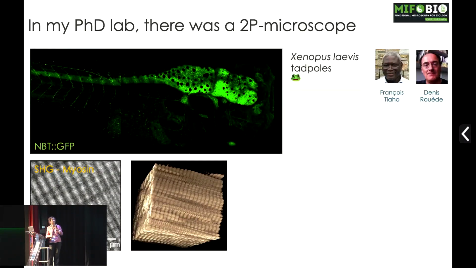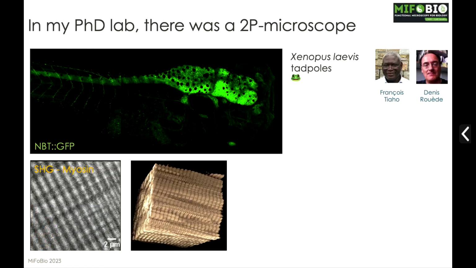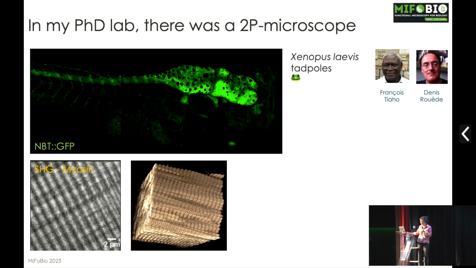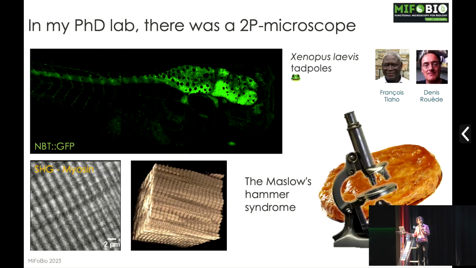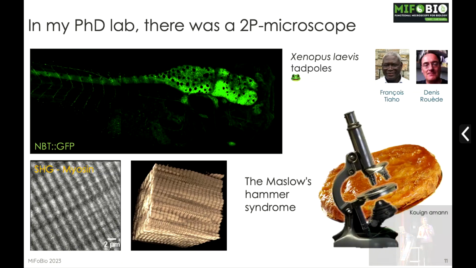That was the idea of Denis, because at first I was only interested in the nervous system, but he said, oh, the myosin is giving such a great signal, we should investigate that. And that's what we did, and wrote a couple of papers with that. Because we had that 2-photon microscope, we had some kind of Maslow's hammer syndrome. Maslow's hammer, if you don't know, is when you have a hammer, everything is a nail somehow.